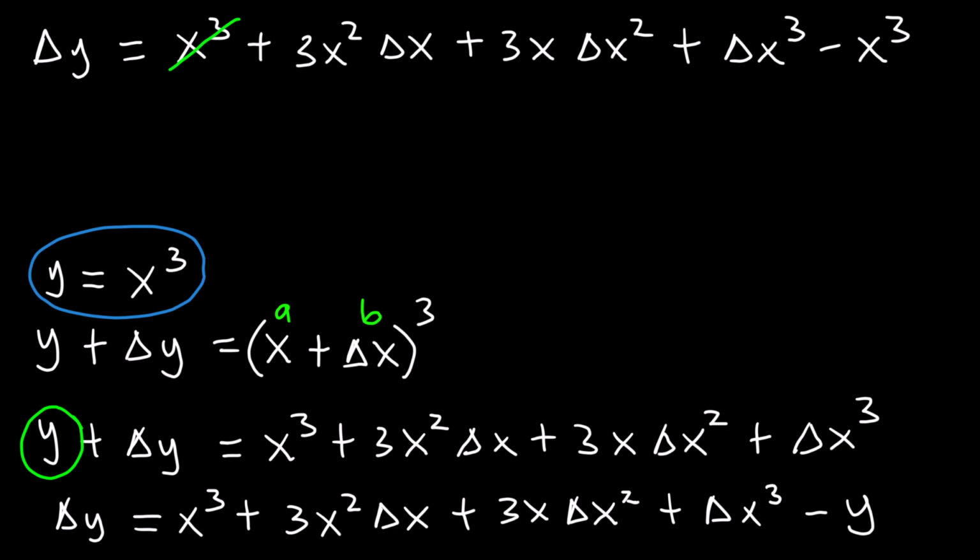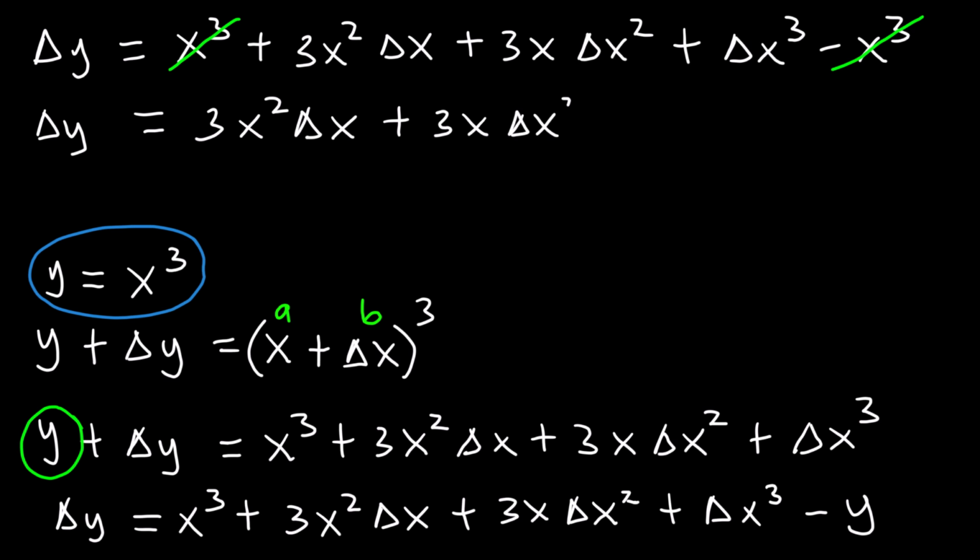This x to the power of 3 will cancel with this, and so we shall remain with change in y equaling 3x to the power of 2 times change in x, and then plus 3x times change in x to the power of 2 plus change in x to the power of 3.